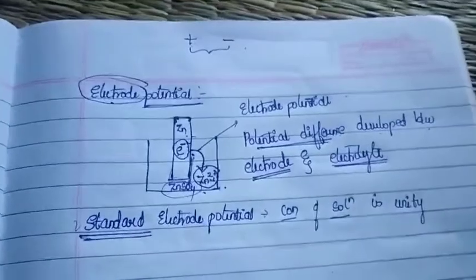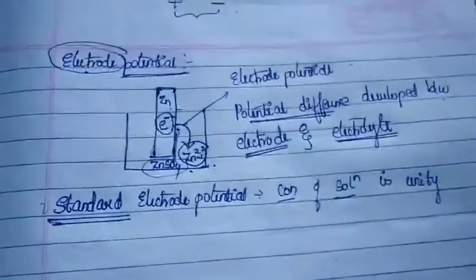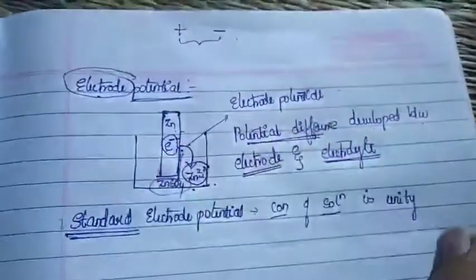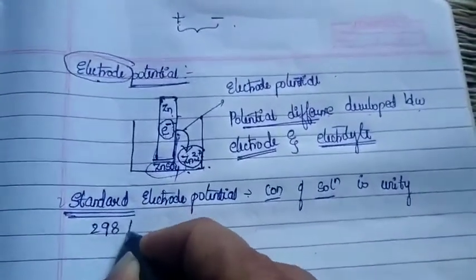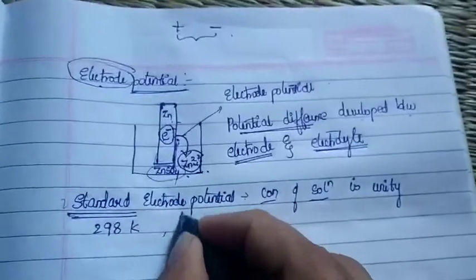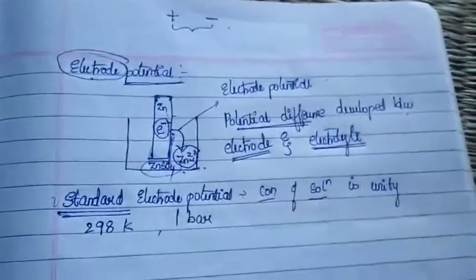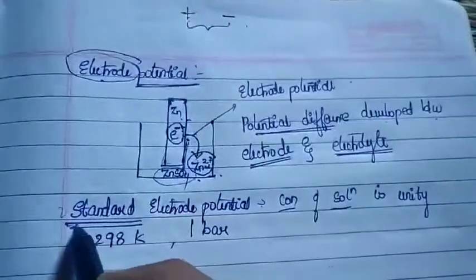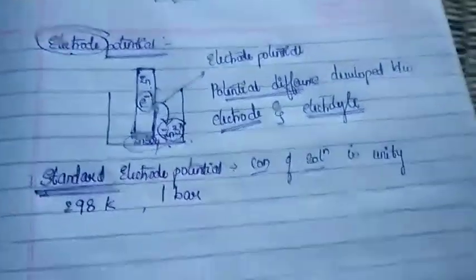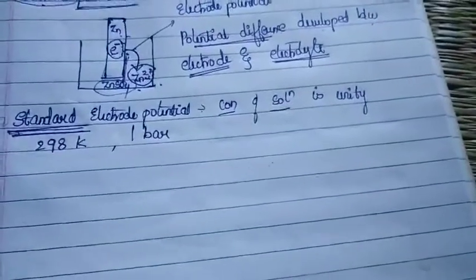I am just taking 1 molar concentration, say zinc sulfate 1 molar, temperature maintained at 298 Kelvin, pressure at 1 bar. Whatever potential difference we get, we call it the standard electrode potential. Getting my point?